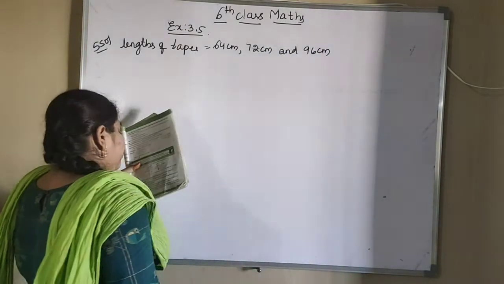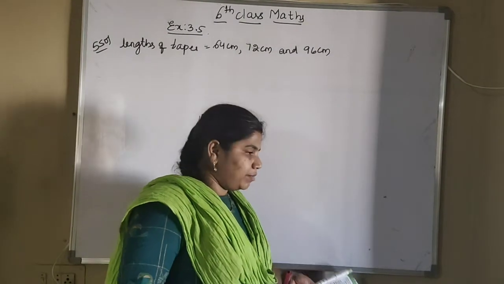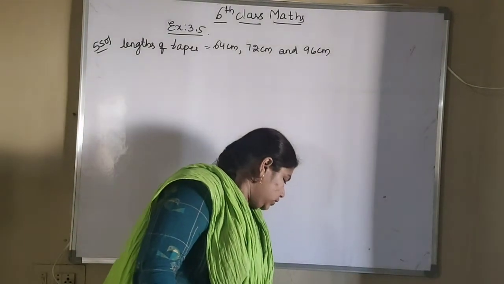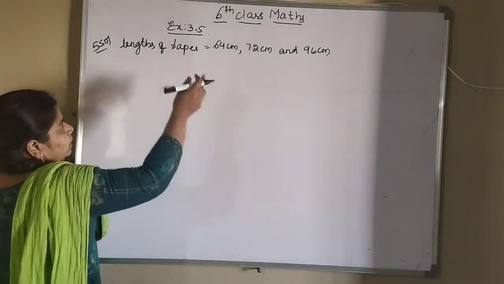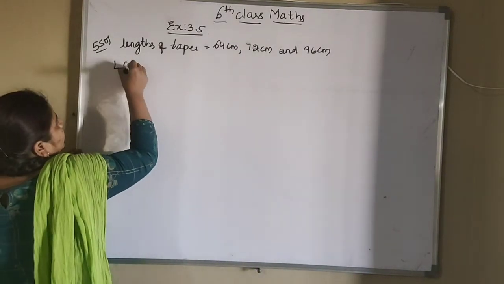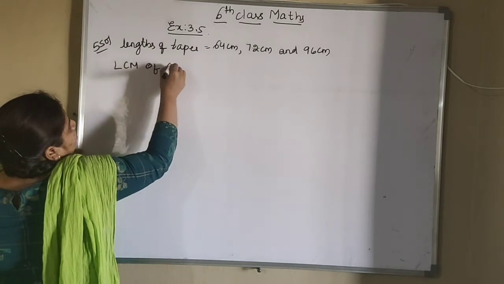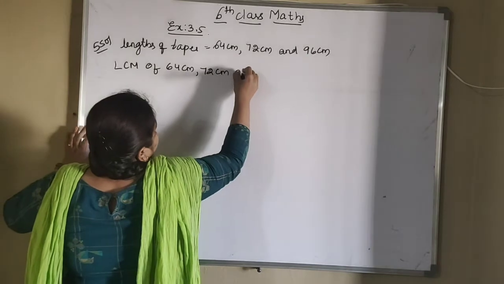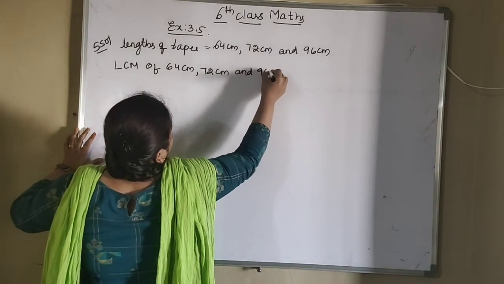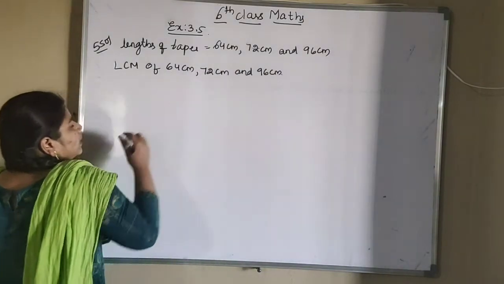And what we have to find, what is the least length that can measure all the three, any tape exactly we have to find. So what we will do? We will do the LCM here again. So LCM of 64 centimeters, 72 centimeters and 96 centimeters. Now you take the LCM here.